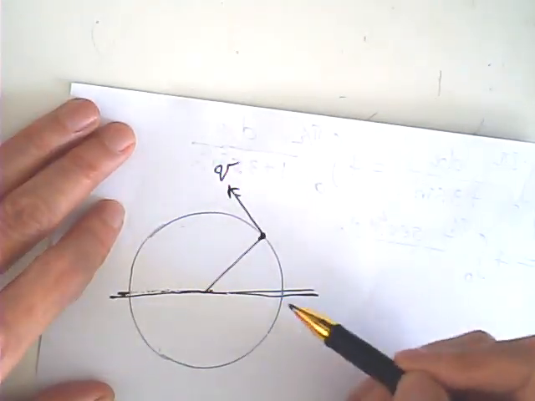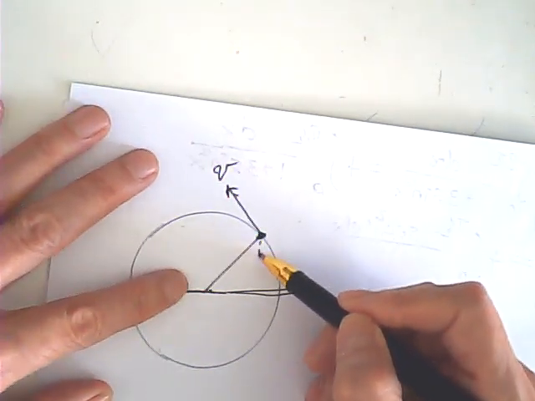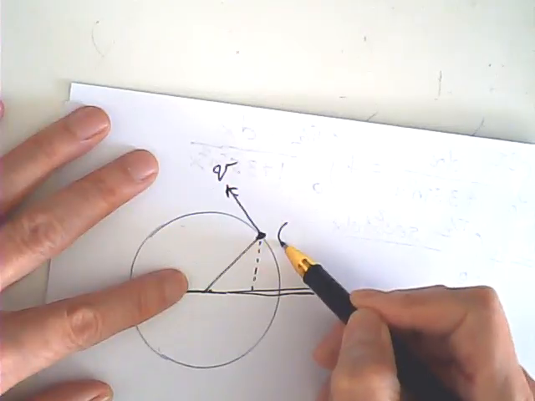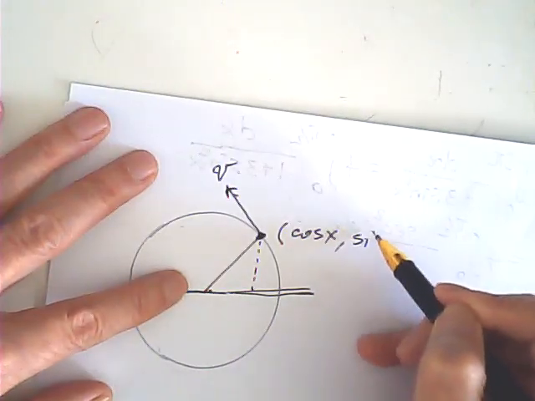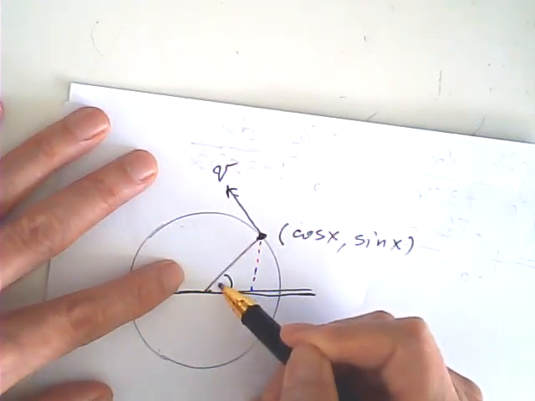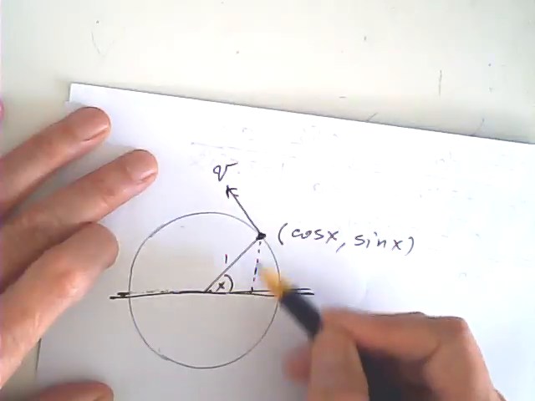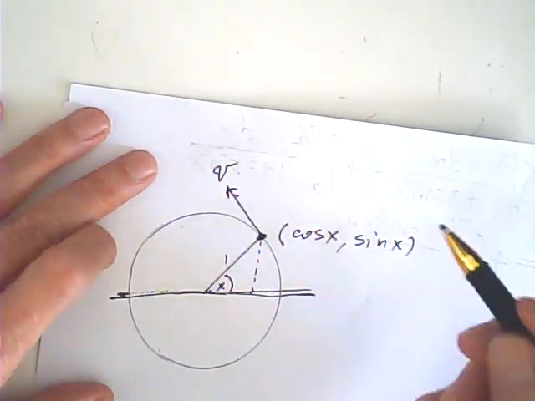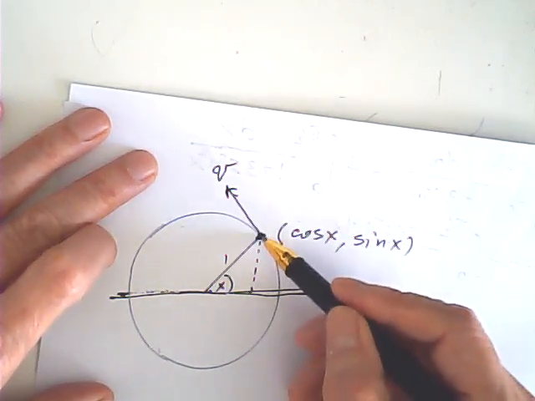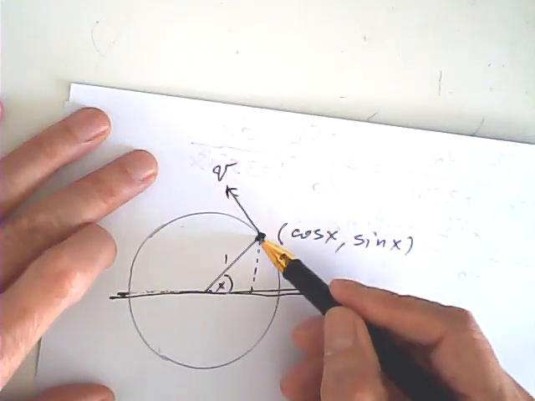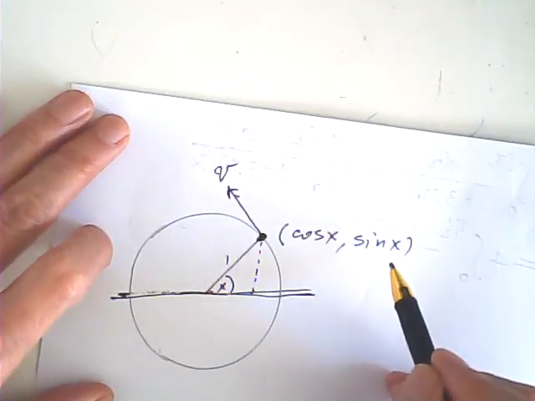The location of this particle is cosine x and sine x, right? This is x. This is 1. So the vertical component is sine x. In other words, the location of this point is cosine x, sine x.